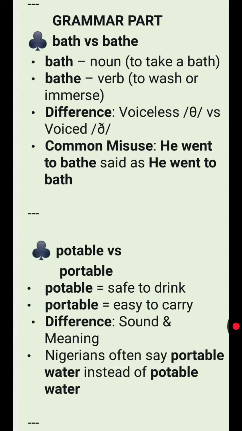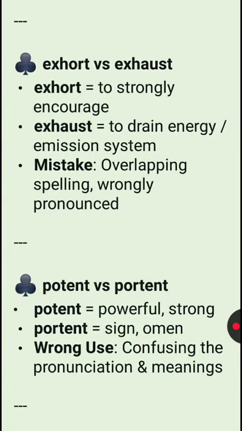Potable versus portable. Potable, safe to drink. Portable, easy to carry. Difference, sound and meaning. Nigerians often say portable water instead of potable water. Exhort versus exhaust. Exhort, to strongly encourage. Exhaust, to drain energy, or an emission system.